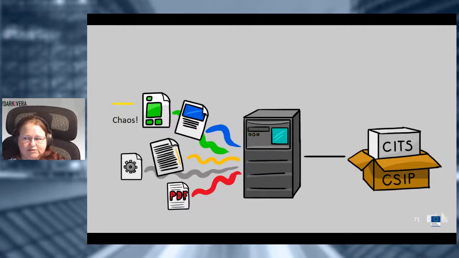So it gives us a CSIP, with the extension of a SIP and the use of a Content Information Type Specification. So that's the goal: getting these neat packages, which we know are filled with the content I want.